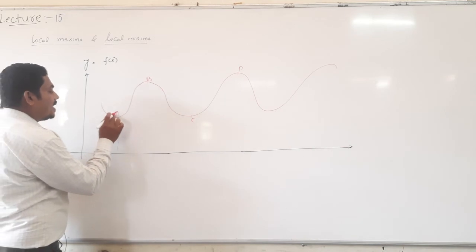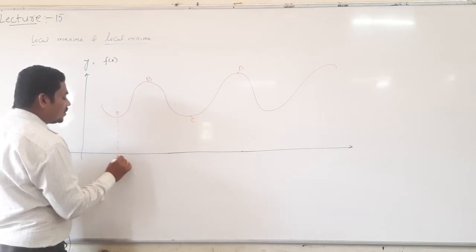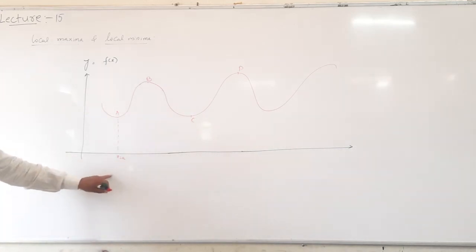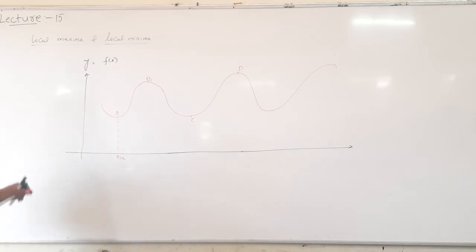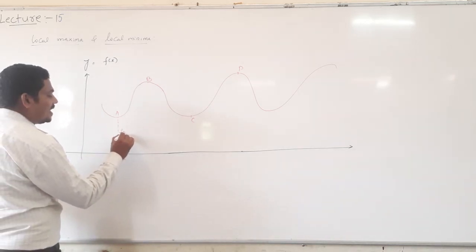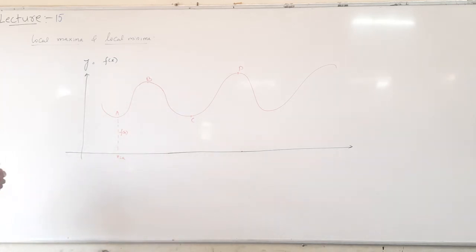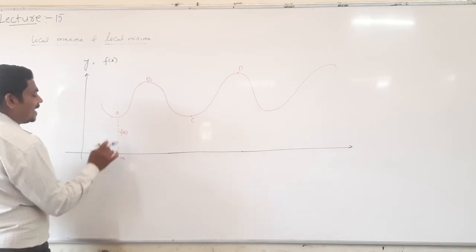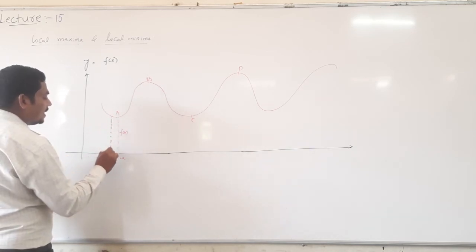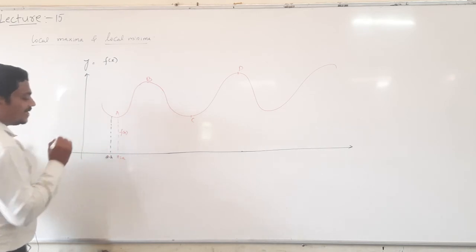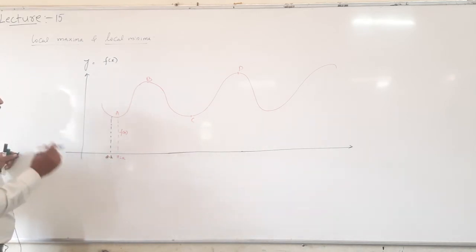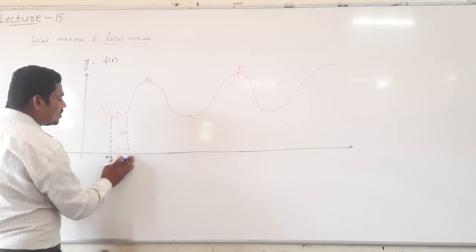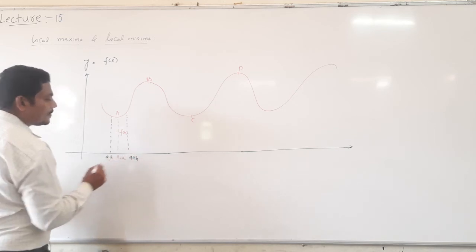If you take the neighborhood of x equal to a, x equal to a is a point of local minima. This is the f of a value. When you take x values less than a, I will take it as a minus h, just less than a, and here x equal to a plus h.